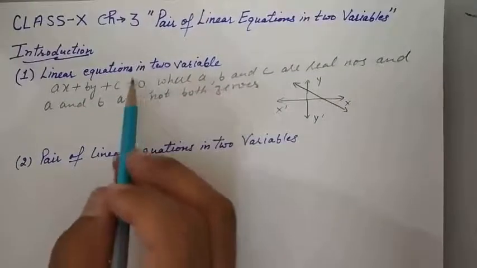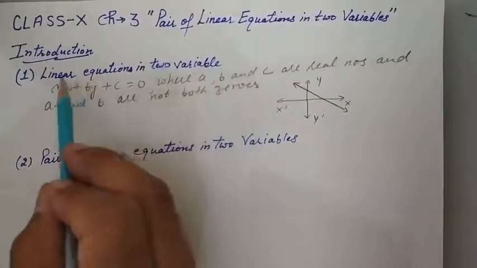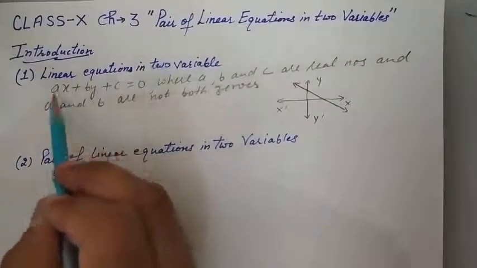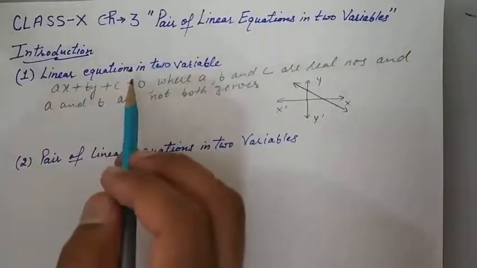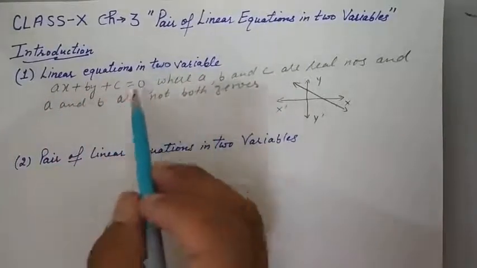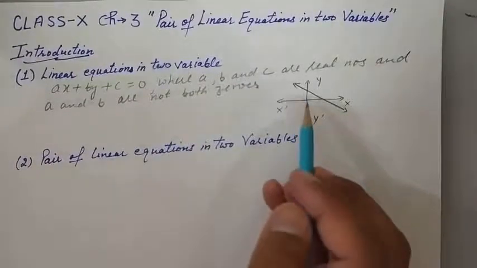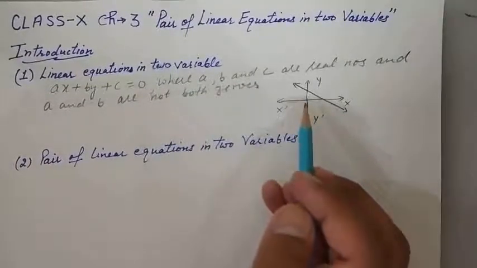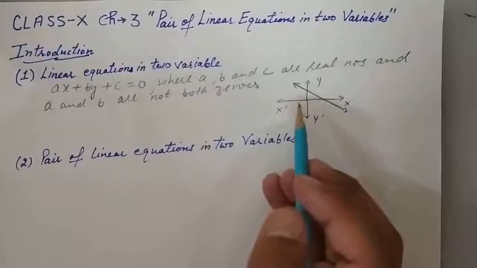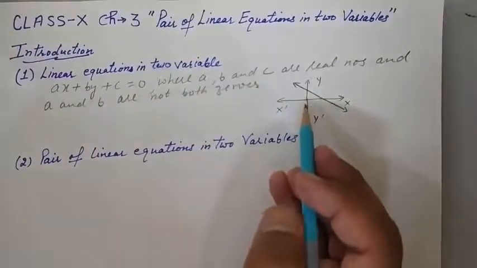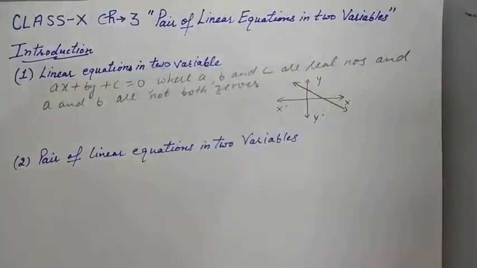Therefore, there are infinitely many solutions of a linear equation in two variables. Since on the graph of linear equation in two variables there are unlimited number of points, therefore it has infinitely many solutions.